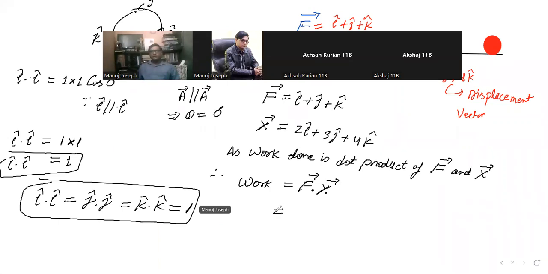Now put these scalars in the form of vectors. Vector F is I cap plus vector J cap plus vector K cap unit vector. Apply the dot and now put the vector X. It is 2 I cap plus 3 J cap plus 4 K cap.